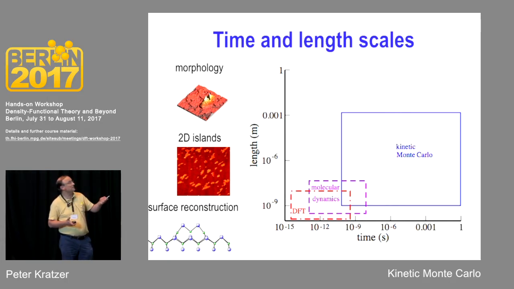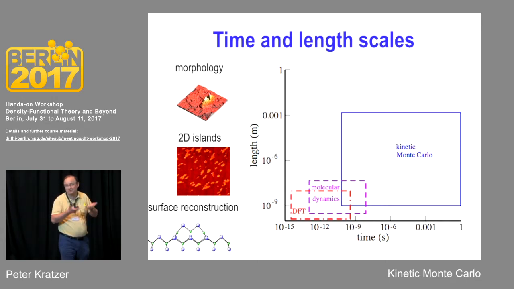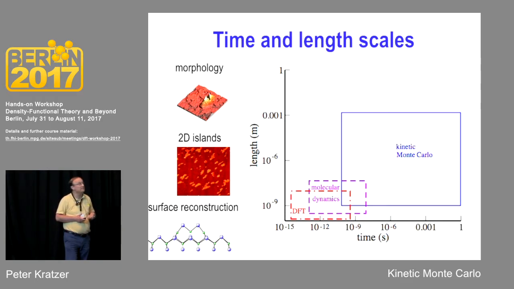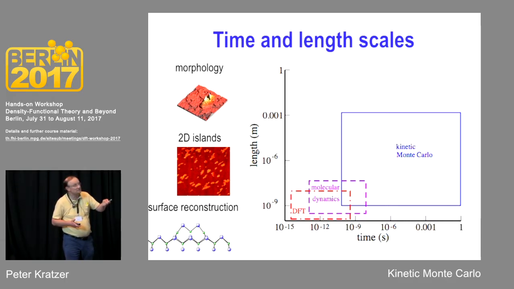I mean, the DFT calculations are limited to unit cells that have maybe 10 angstroms or 100 angstroms in size, and you can do ab initio molecular dynamics simulations, for example, up to nanoseconds or a bit longer, depending on how powerful your computer is. But in this case, we really need processes that are very slow on the atomic scale.